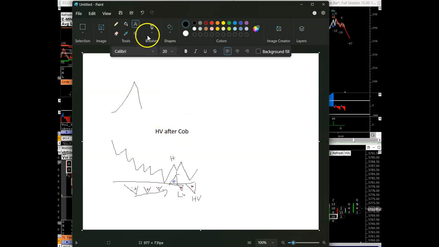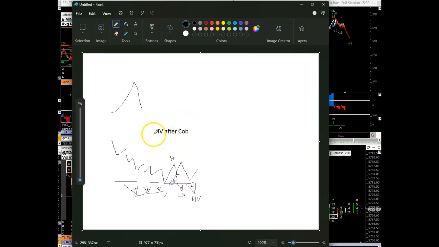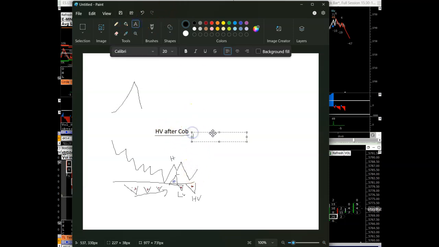So this is a pattern, and this typically goes to test support or resistance. It tests it. This is what happens.